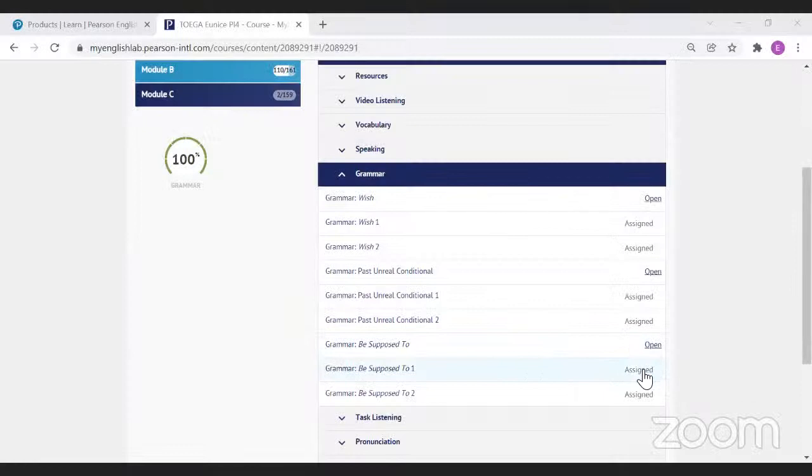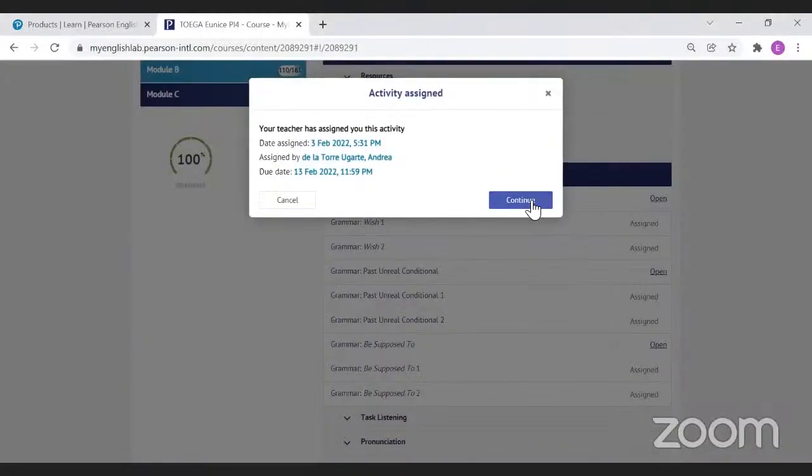Mm-hmm. Okay, always we'll start with be. Okay, be plus the subject plus supposed to plus the verb in base form plus the complement. Okay, teacher. So that is the structure. Okay, and be supposed to is the third grammar. Be supposed to.